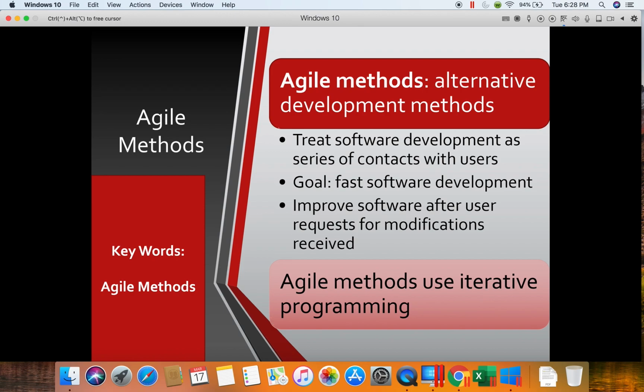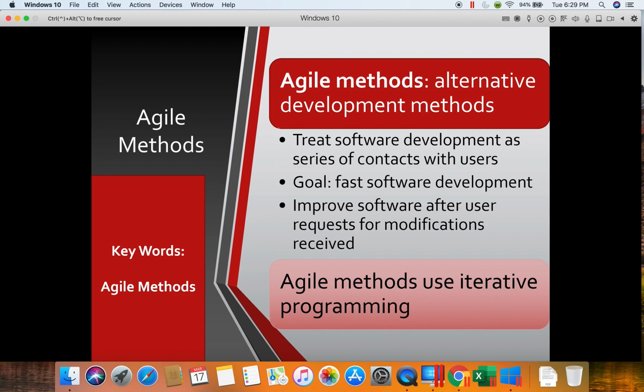Agile methods make use of interactive programming, where the users often get involved and keep the programmers open to modifications while the development is still underway. So basically they're going to come in and say, here's an example of what we can give you, and the user uses it for a little bit and comes back and says, well, I like this, but I would change this, and I want you to change this.